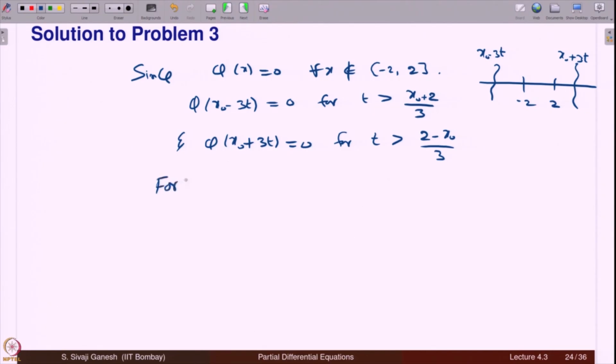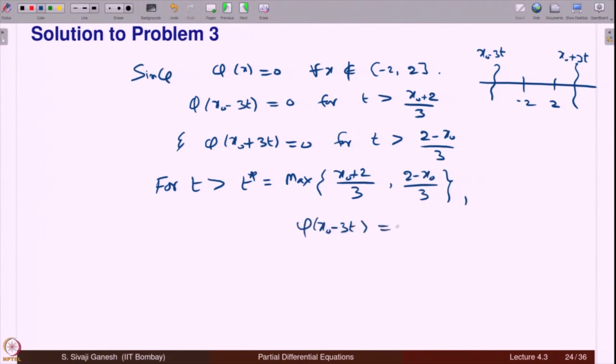Therefore, for t bigger than, let us call t star, which is the maximum of these two numbers, phi of x naught minus 3 t equal to 0, and phi of x naught plus 3 t will also be 0. In other words, the term a will become 0.